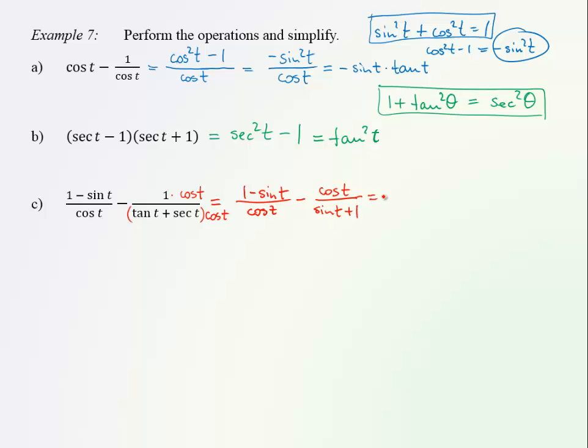Now we're ready to add them by using a common denominator. We have cos t times 1 plus sine t, and in the top, the 1 plus sine t, you can change the order because addition is commutative, so we can multiply these two. That becomes a difference of squares. It's 1 minus sine square t minus, and then we multiply across these two. Cosine times cosine is cosine square.